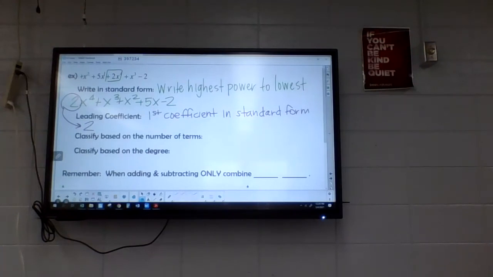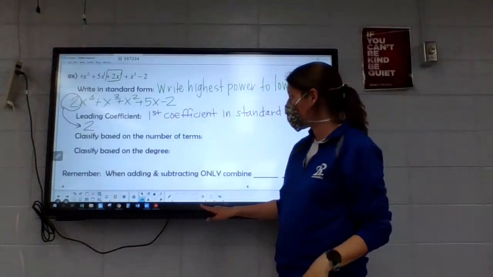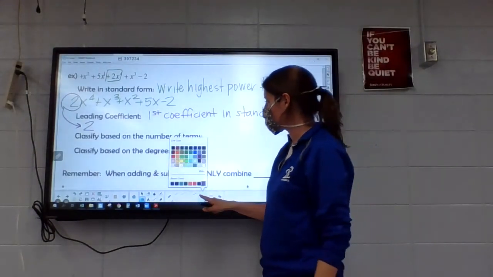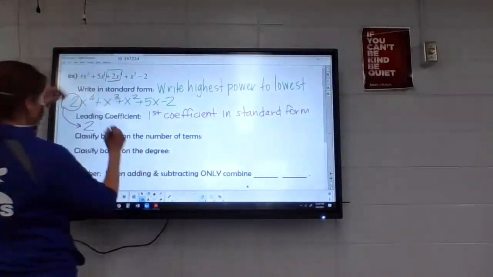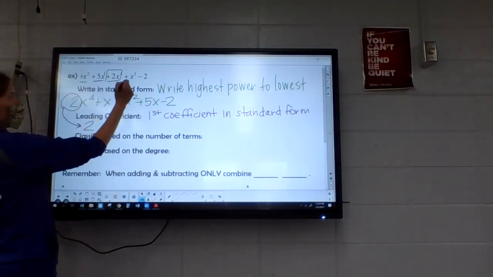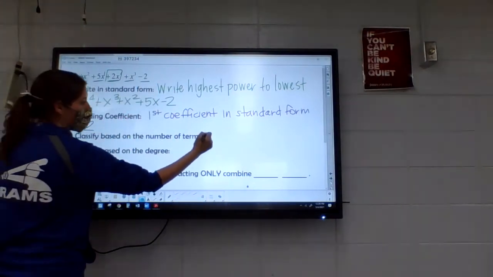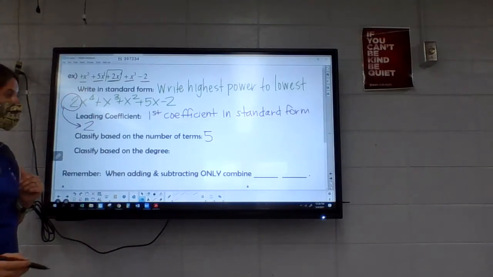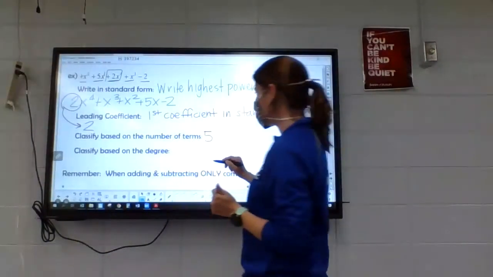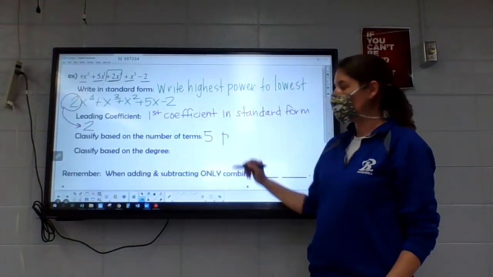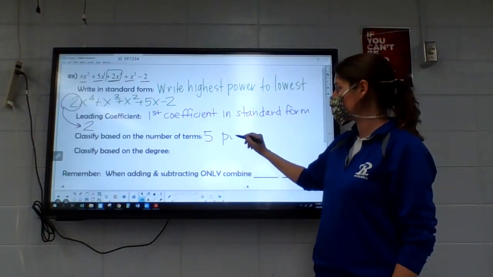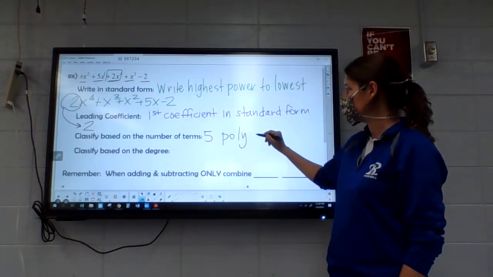Now they want us to classify based on degrees. Or sorry, the number of terms. How many terms are in this? There's 5 terms here, right? Because if you look between the addition and subtraction, you can look at either, so 1, 2, 3, 4, 5. So this is 5 terms, so what do we call it then? Polynomial. There's no good name for one that's 5 specifically, so this is just considered a polynomial.